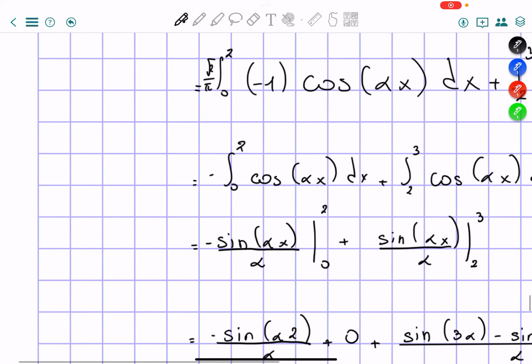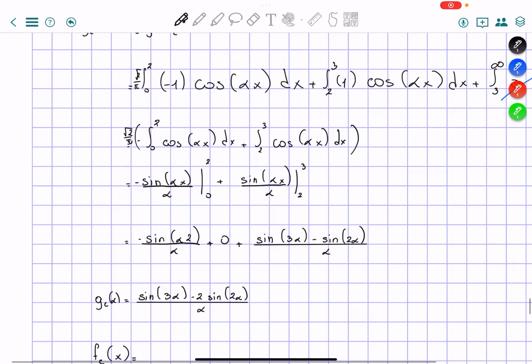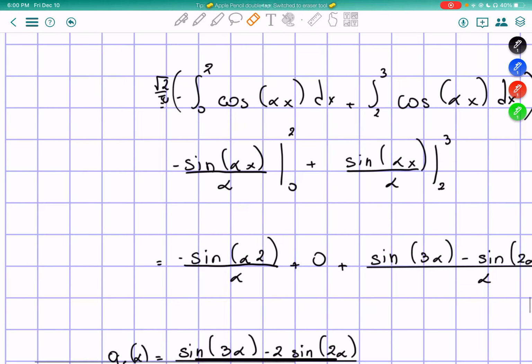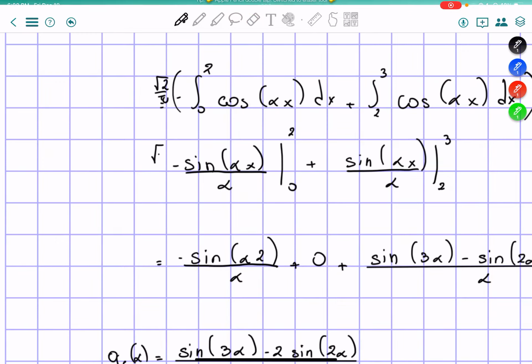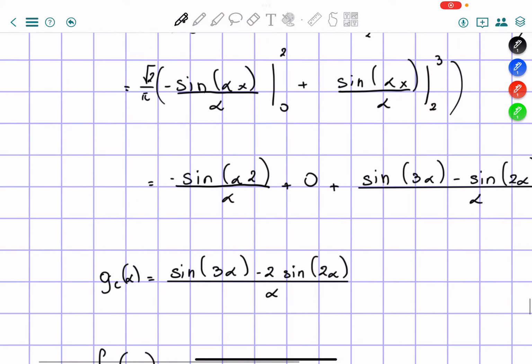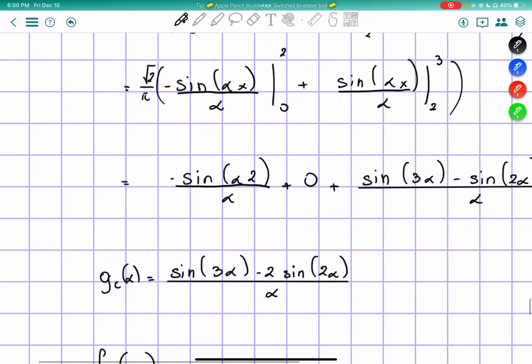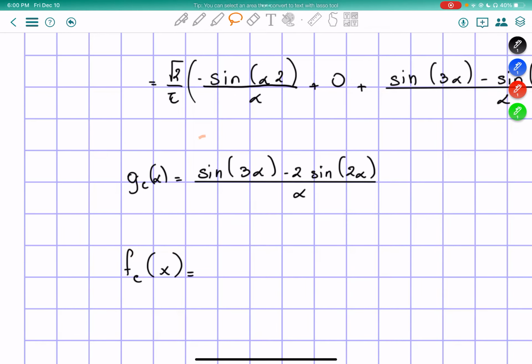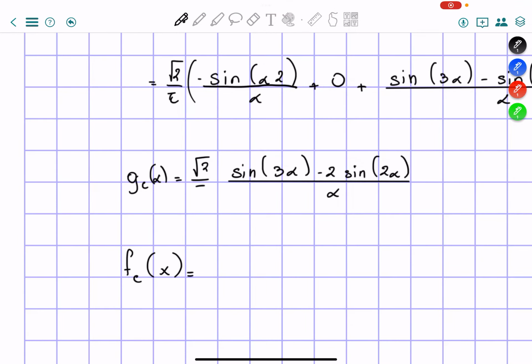So it's actually going to be in front of everything. Square root of 2 over pi.